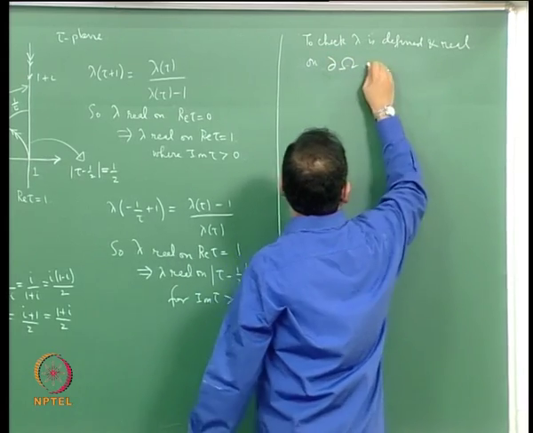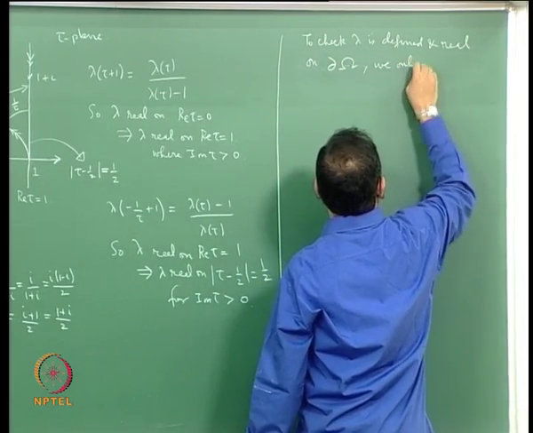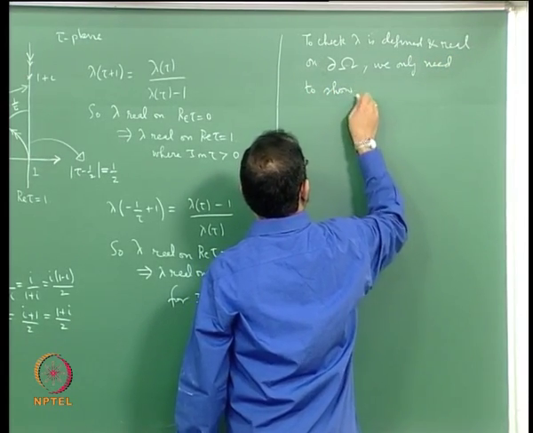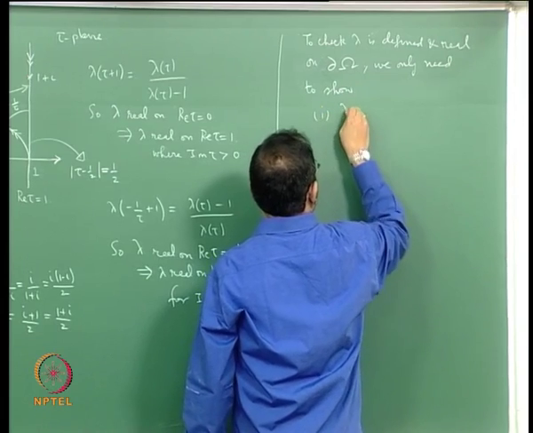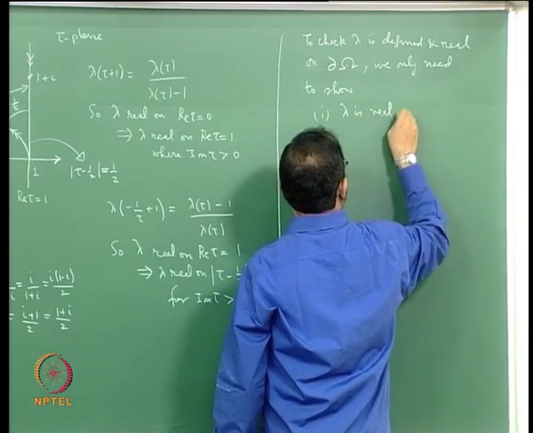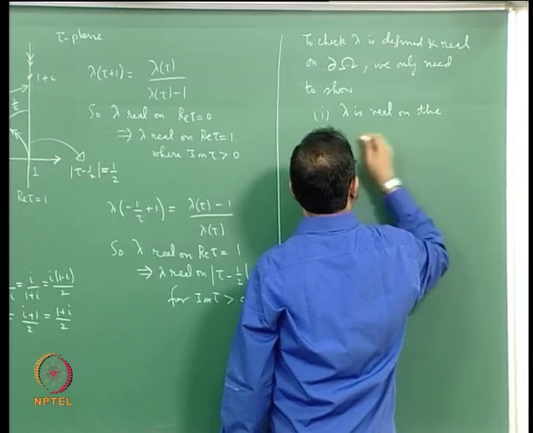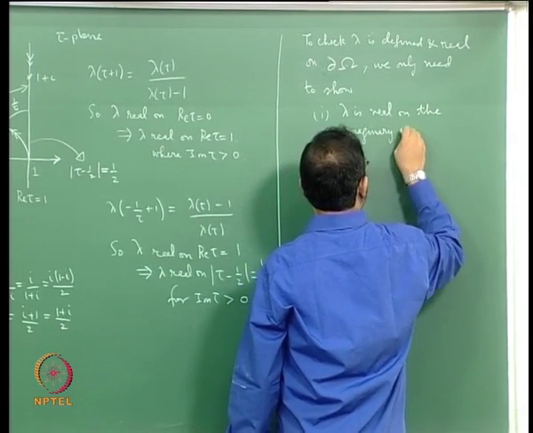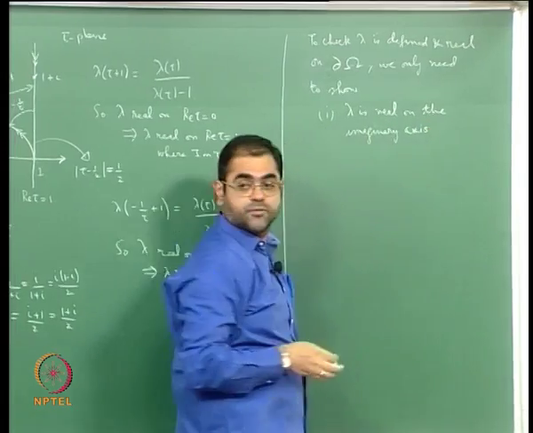We only need to show, number 1, lambda is real on the imaginary axis. We need to show this.